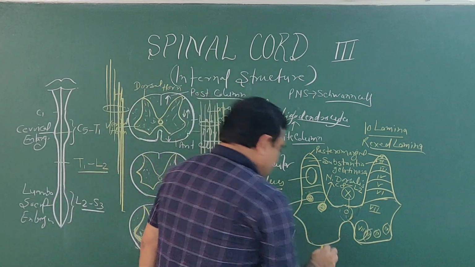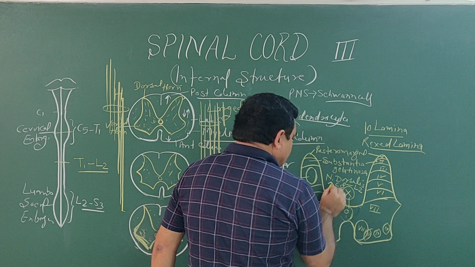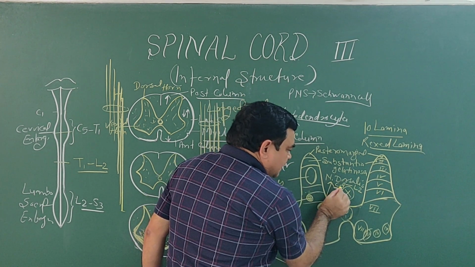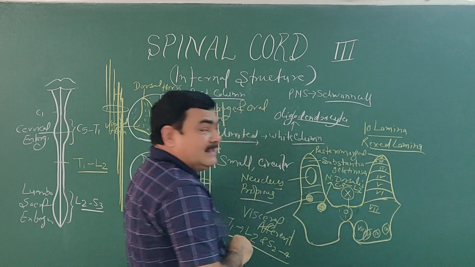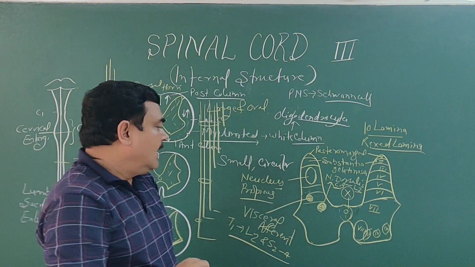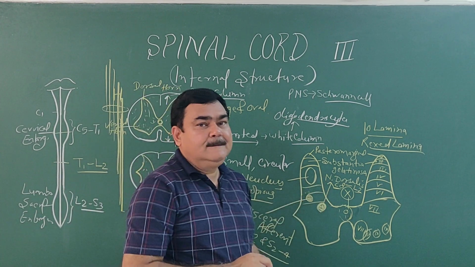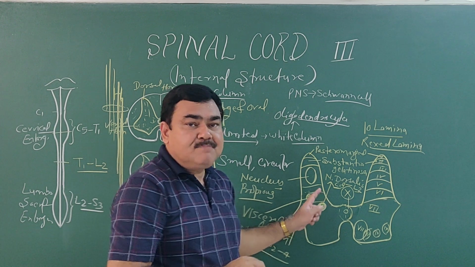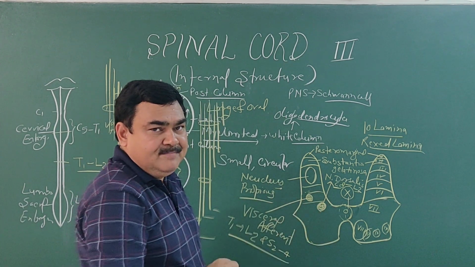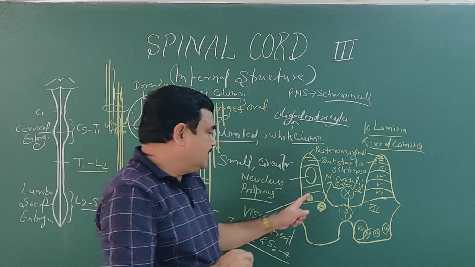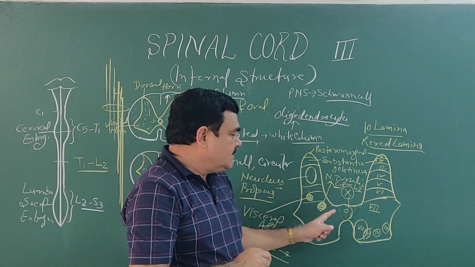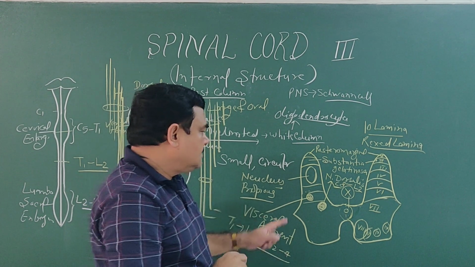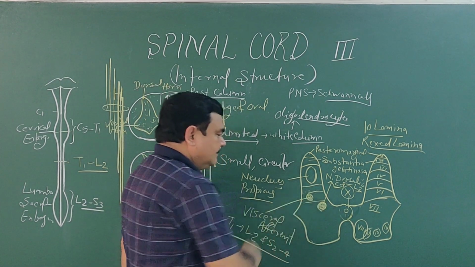It extends from C8 to L2 spinal segment, and it is responsible for sending fibers to the posterior spinocerebellar tract. That is, proprioceptive information goes to this.